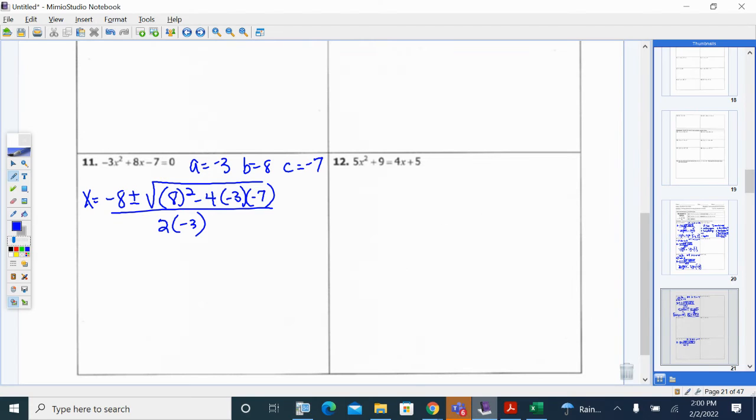So what does that tell me? Well, because I have a negative under the radical, my solutions are imaginary. And the 20 is not a perfect square, so I'm also going to have a radical in my answer.